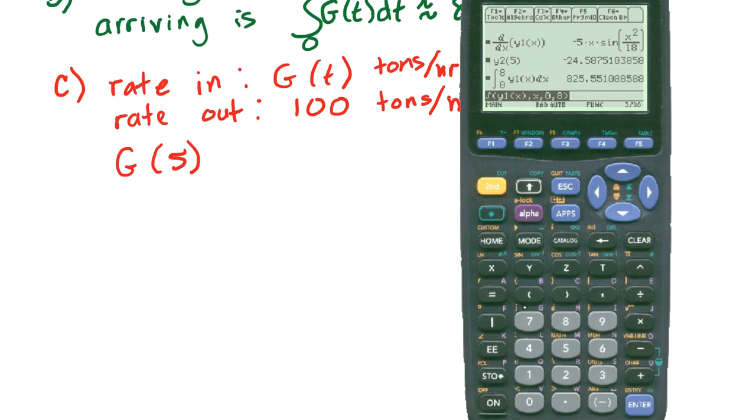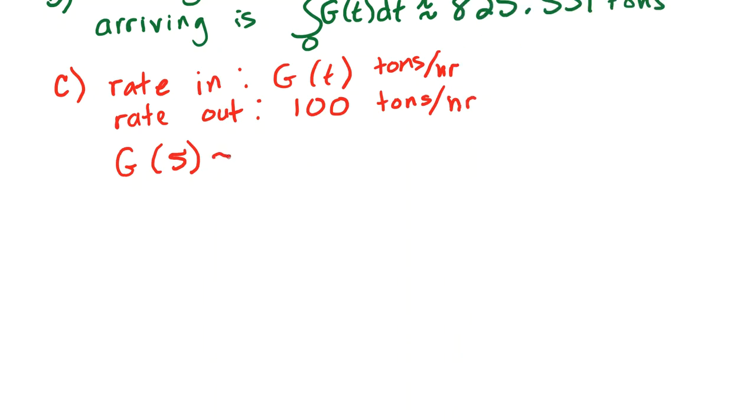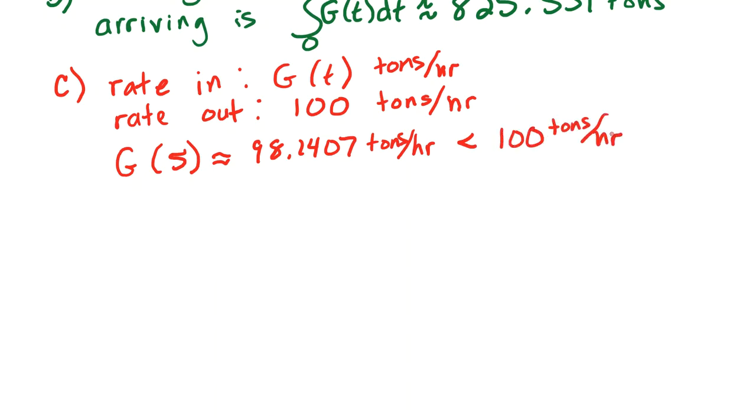So from my home screen, I can find out what y1 of 5 is pretty simply. And green diamond, enter. So that is approximately 98.1407 tons per hour. And that is less than 100 tons per hour. So I guess that answers the question.